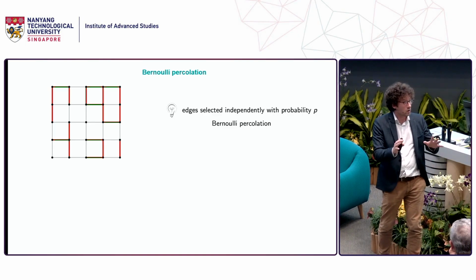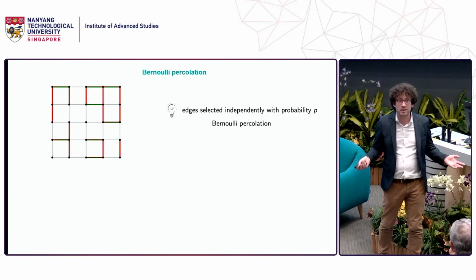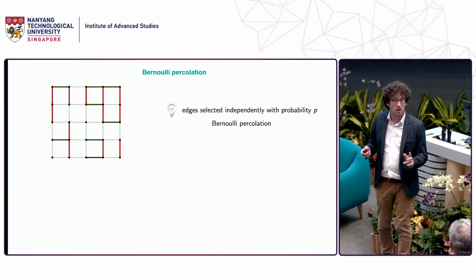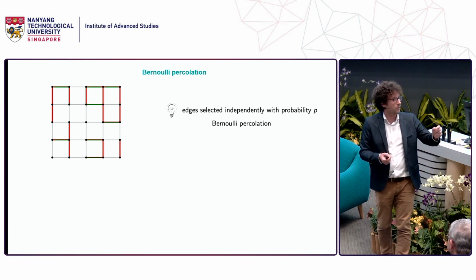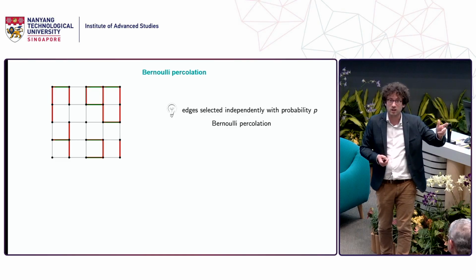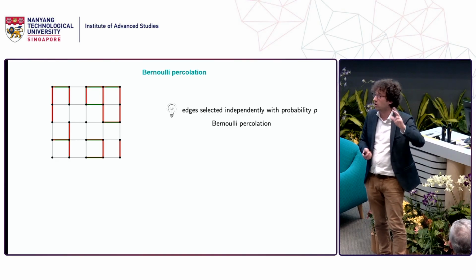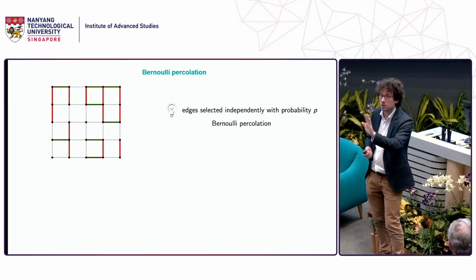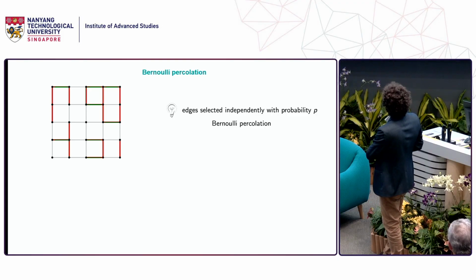And then I look at the set of red edges. This is probably the most famous percolation model and the simplest one. So it's very similar to before. Before it was tossing a coin at 1/2, 1/2. Here it is just a biased coin. It's red with probability p, doesn't have to be 0.5, and gray with probability 1 minus p.